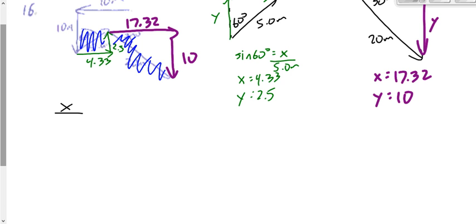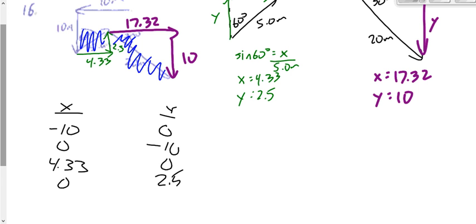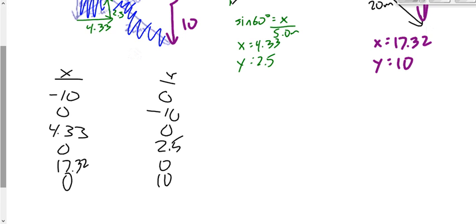So X's and Y's. First one is -10 and 0. 0 and -10. 4.33. 0. 0 and 2.5. Got lots of them here. 17.32. 0. 0 and 10. -10. Good, because it's downwards.